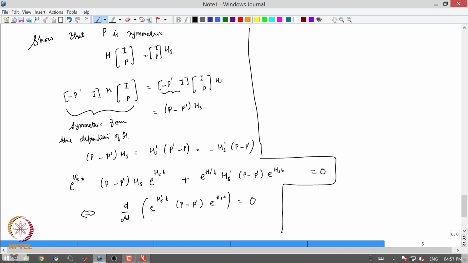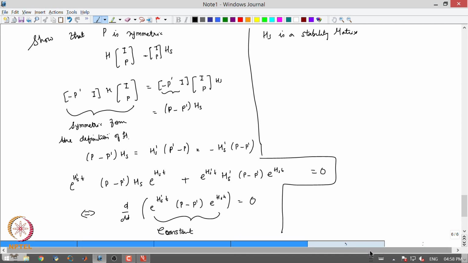Now, what does this tell me? That d by dt of this term is 0, so the term inside is a constant. Now, what do we know? We know that Hs is a stability matrix. If Hs is a stability matrix, this term will go to 0 as t goes to infinity.